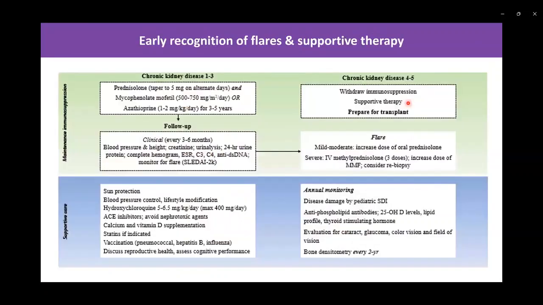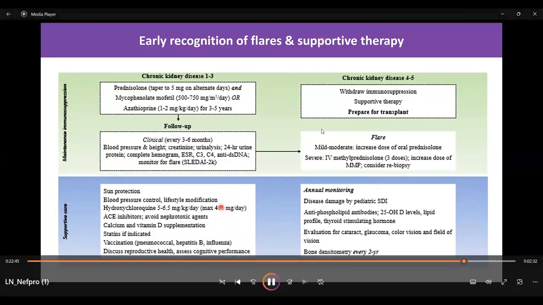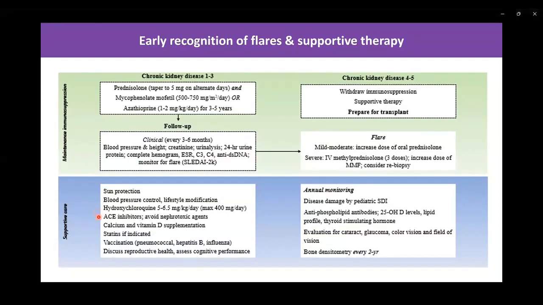In the long term, it is important to recognize kidney flares early by clinical and biochemical follow-up, and supportive therapy is recommended, including sun protection, blood pressure control, use of hydroxychloroquine and ACE inhibition, calcium and vitamin D supplementation, statins if indicated, vaccination as I mentioned, and also to discuss reproductive health.